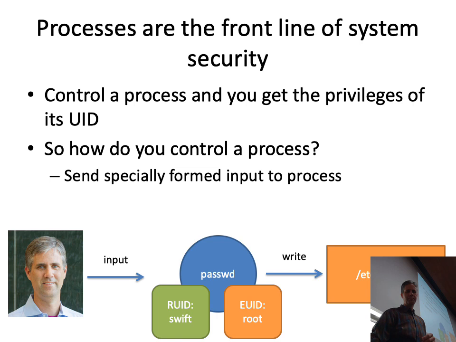So for password, what is the input you get to control as a user? You get to control the environment variables that are provided when this program runs. You get to control the directory that it runs in, so your current working directory is something you can control. And you get to control the command line parameters to this program. The challenge as an attacker is to figure out, can you use these inputs to make the program do the wrong thing?